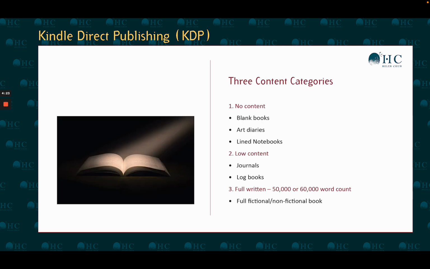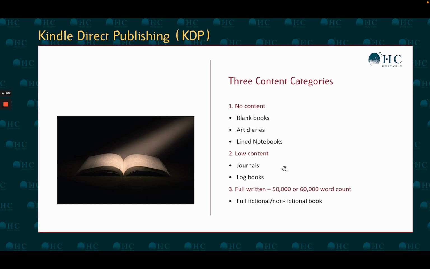You're going to come across pretty much three content categories that you ought to look at. And as a beginner, I would suggest you go for the no content or low content category. So no content is pretty much blank books, art diaries, lined notebooks. So pretty minimalistic.